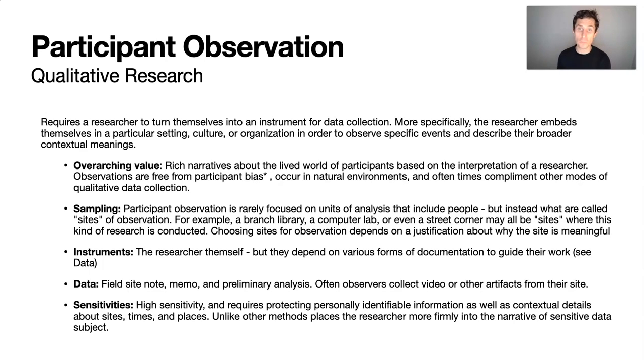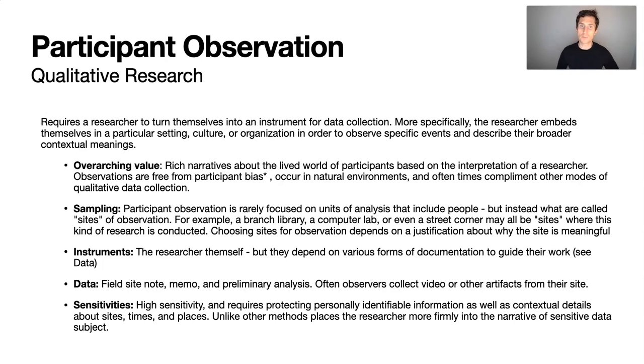It could be a computer lab at a university. And we could abstract, or move up from maybe that unit of observation to, say, all of the branches in a library system, or all of the computer labs or spaces in which computing resources are accessed by students at a university. The point here is that the site is the key element to thinking of sampling within participant observation.